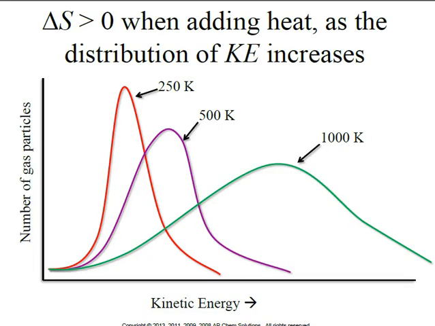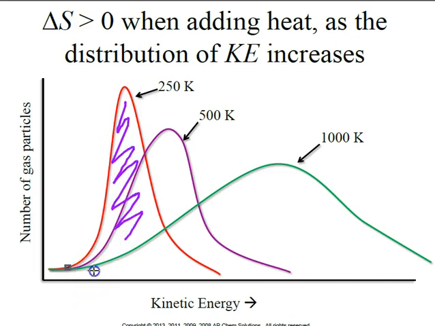Here's that old Boltzmann distribution plot again. This is showing us, remember, the change in kinetic energy as we add heat. Our particles stay the same, but they just become more spread out in terms of number. So here at the lower temperature, our particles are concentrated in this energy range.